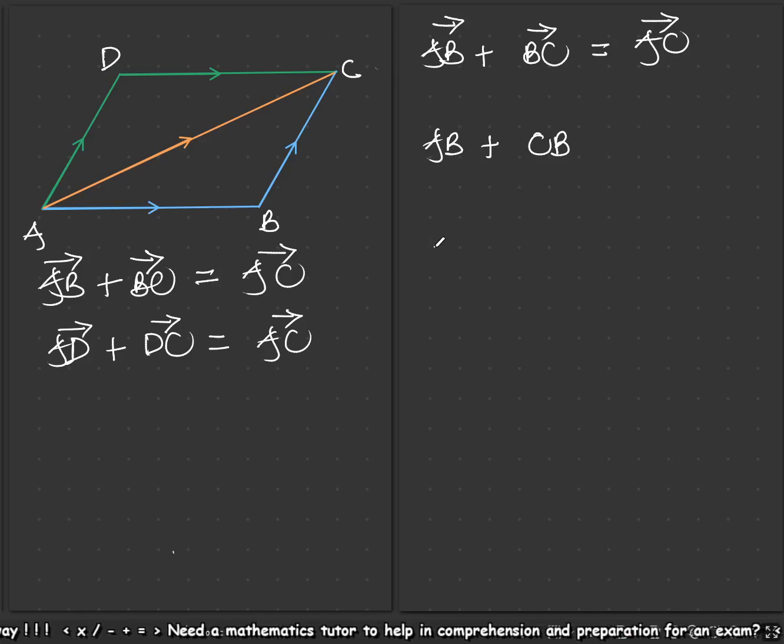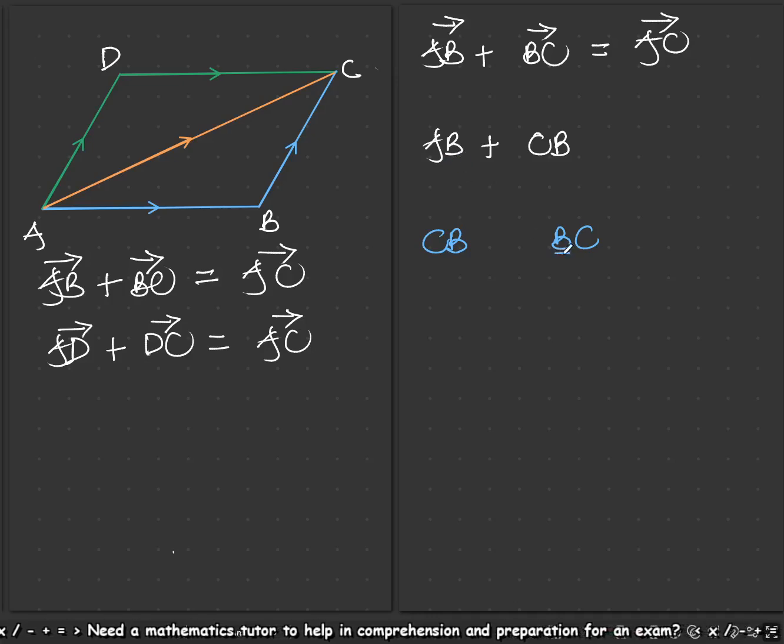But rather, we have to write CB so that it will look like BC, such that the ending here will be the same as the beginning here. And this brings to mind what? Negative or inverse of a vector. So the CB here is actually equal to the negation of BC. You get it? So moving from C to B is the same as the negation of moving from what?